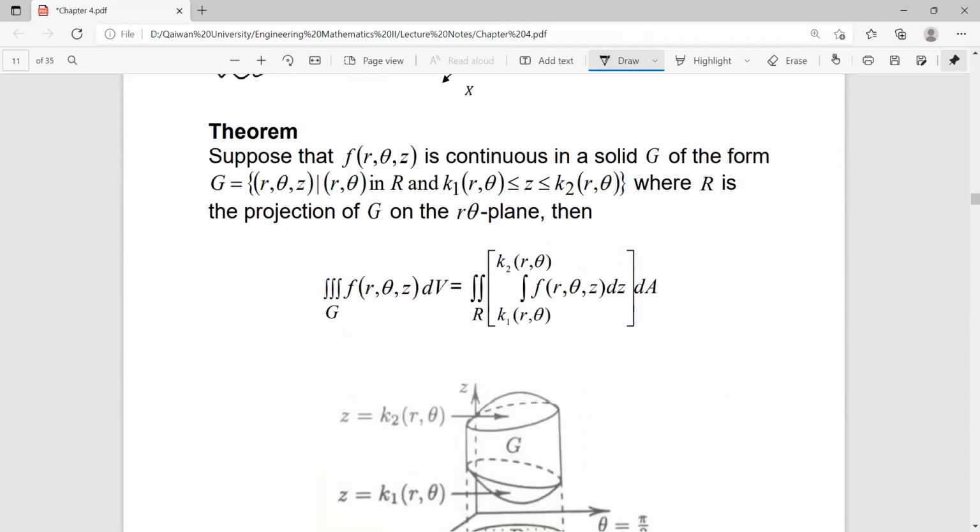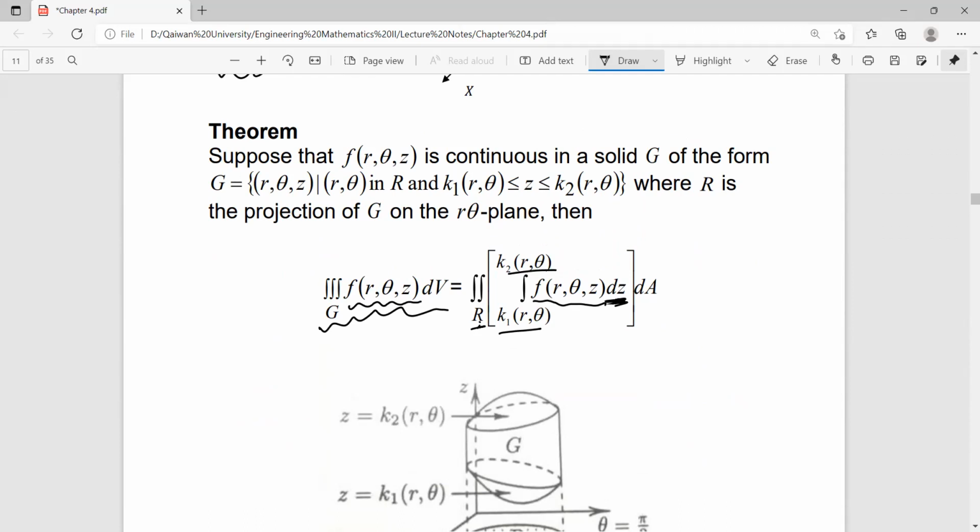Here, we say the triple integral for f of r, theta, and z dV equals the double integral over the region R, and the integration of the function with respect to z from k1 of r, theta to k2 of r, theta.